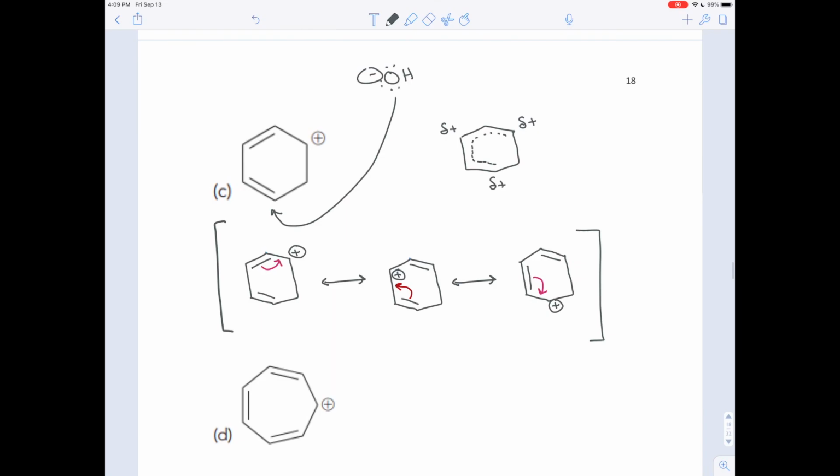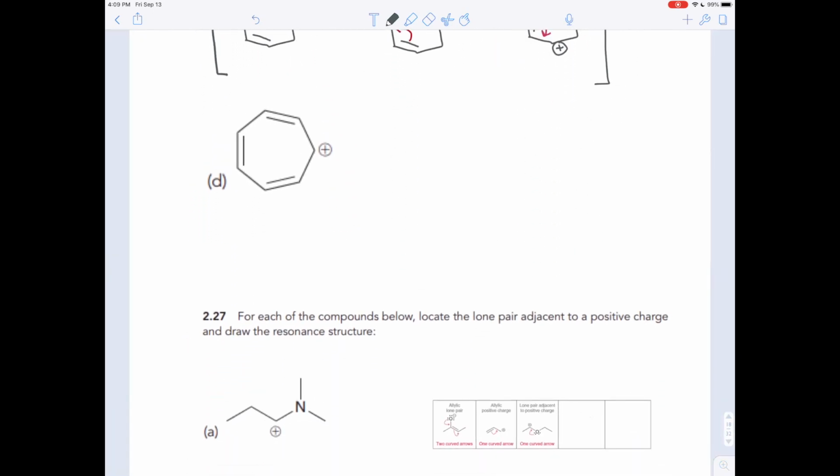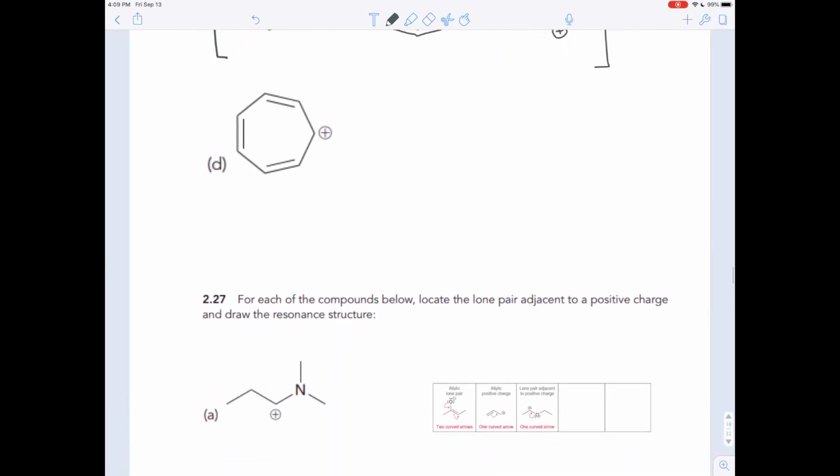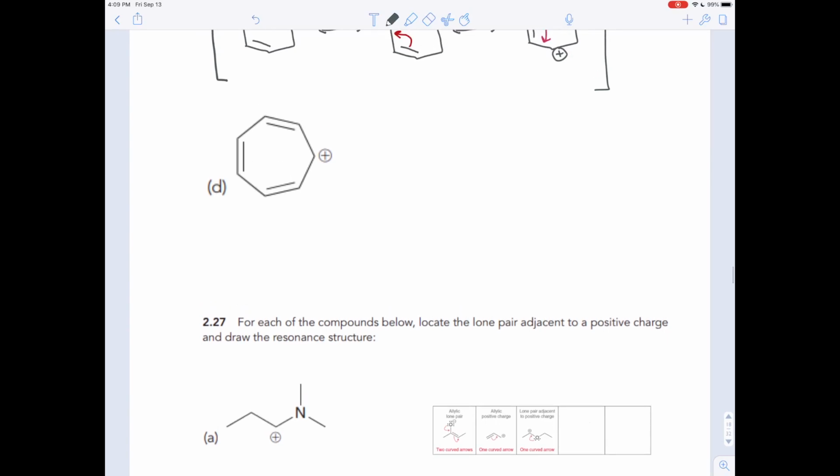So drawing these resonance structures, 1, gives us a sense of the stability and rigidity of the molecule, and 2, lets us visualize where the molecule may react in a way that we might not otherwise have seen. All right, last but not least, this structure, and this is going to be very similar to the one we just did.